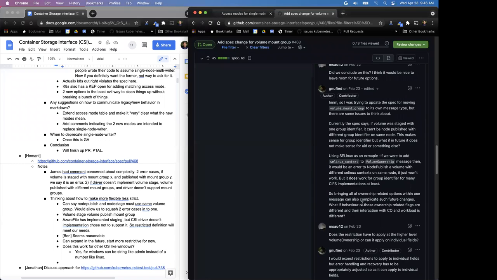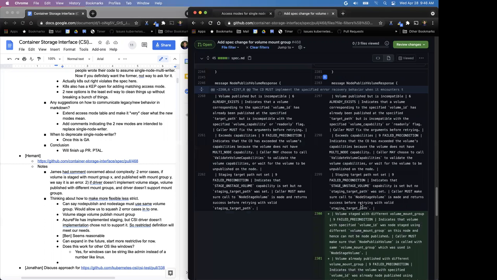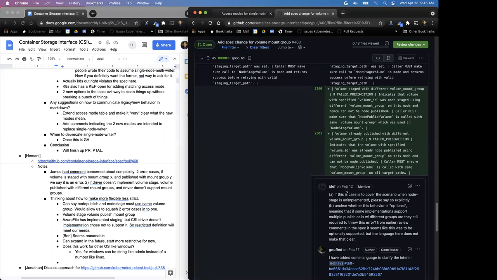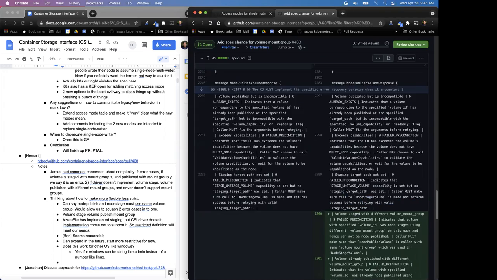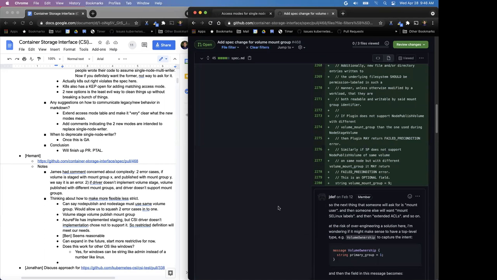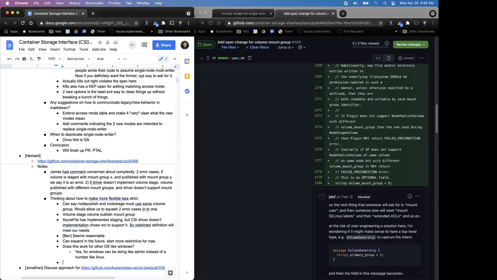Okay, so does anybody else have any other questions, comments, concerns about volume mount groups? Okay, sounds like the conclusion here is starting more restrictive is okay.